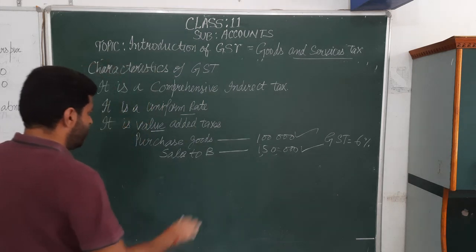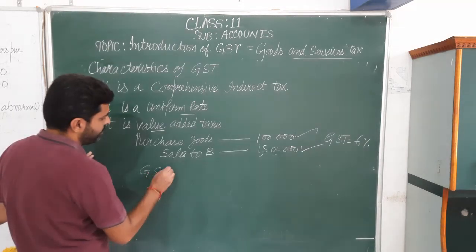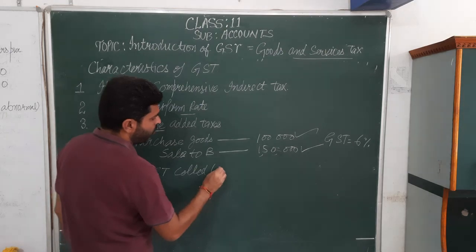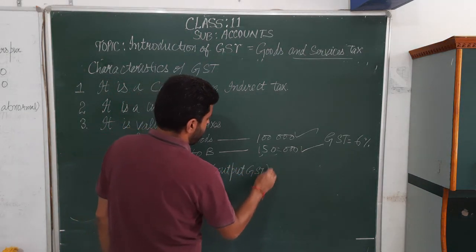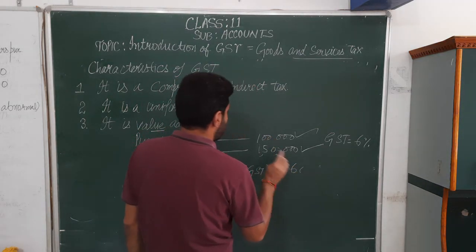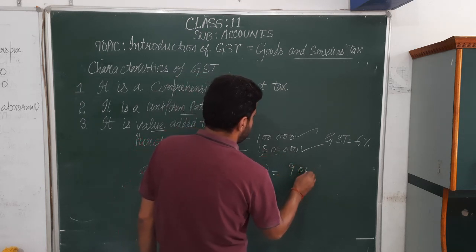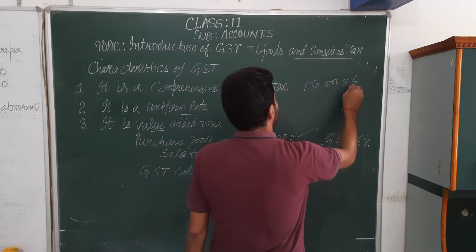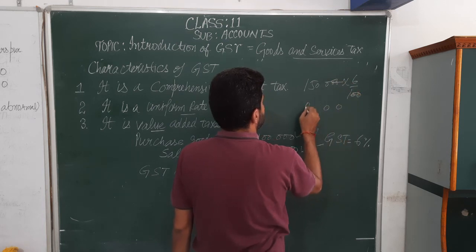Now GST paid, GST collected. GST collected means output GST, 6% of 1,50,000, which is 9,000.